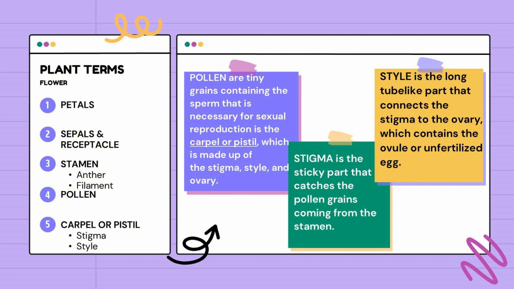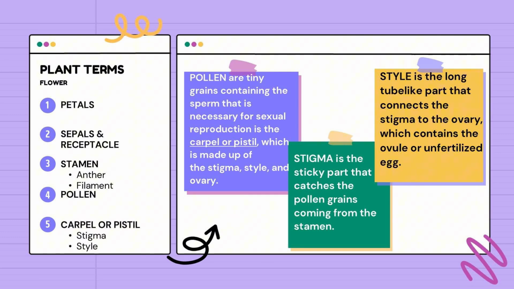So, si stamen at saka si pistil ay pwede pong magsama sa isang halaman. Okay? Kapag si stamen at si pistil ay magkasama sa isang halaman o ang isang halaman ay merong parehong reproductive system or reproductive part, meaning ang nangyayari sa kanya ay yung tinatawag natin na self-pollination. Okay?